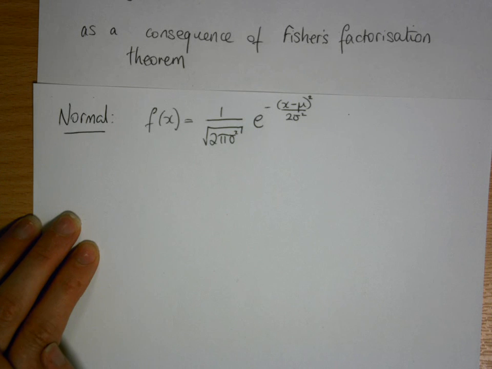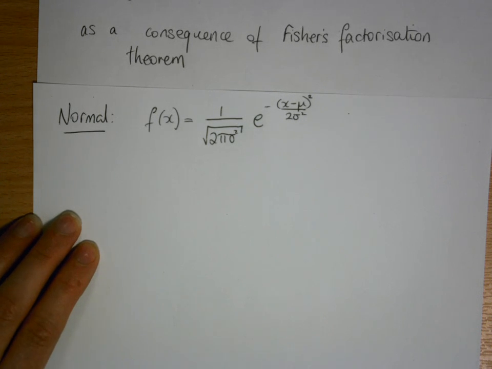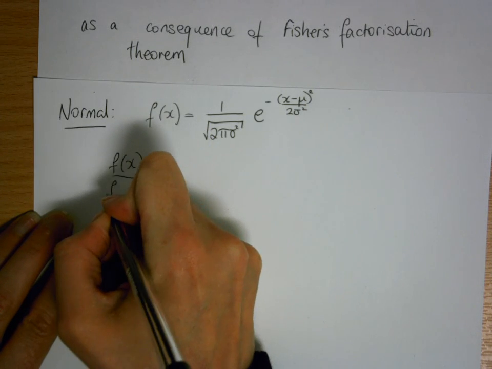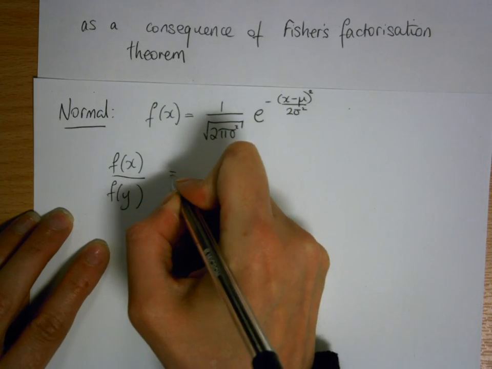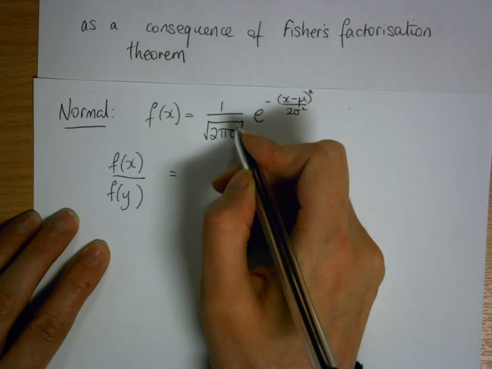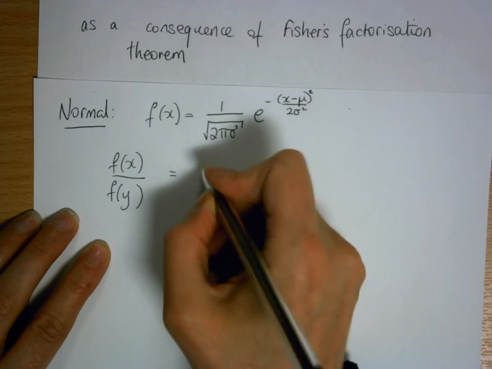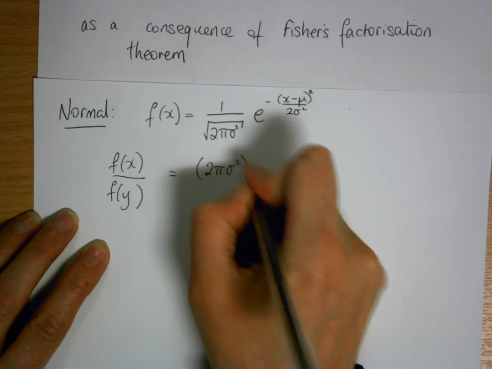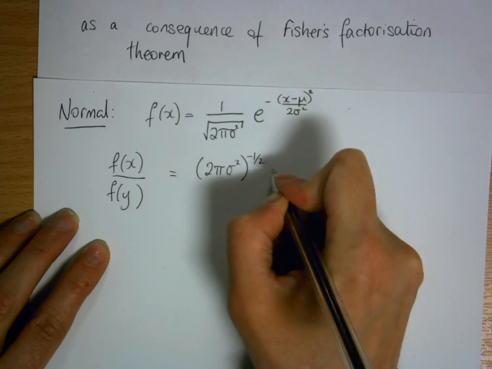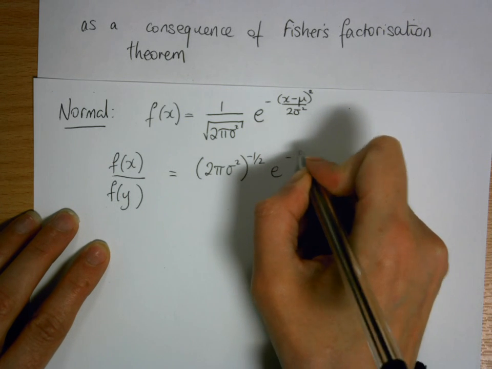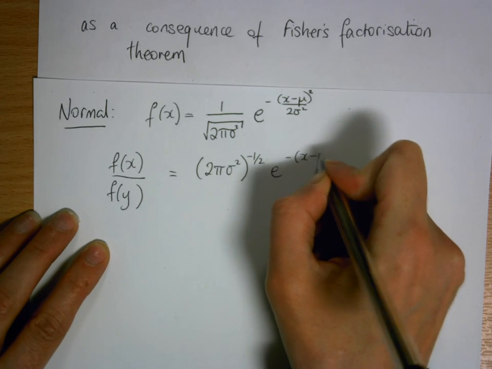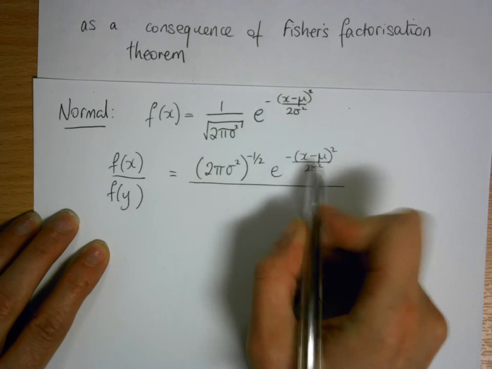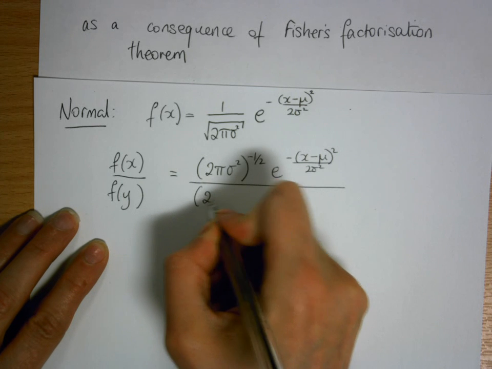So if I was to do the ratio of a single observation of x to a single observation of y, we'd have f of x divided by f of y is equal to (2 pi sigma squared) to the power of minus a half, e to the minus (x minus mu) squared over 2 sigma squared, and the same but in terms of y at the denominator.